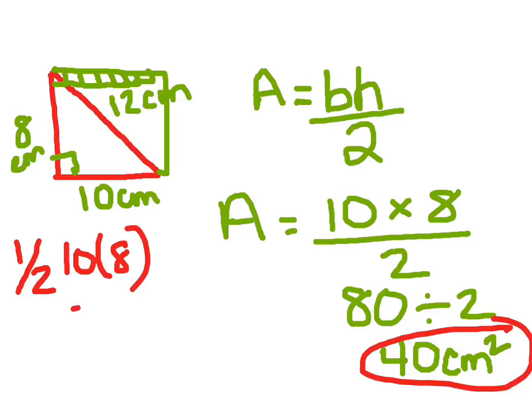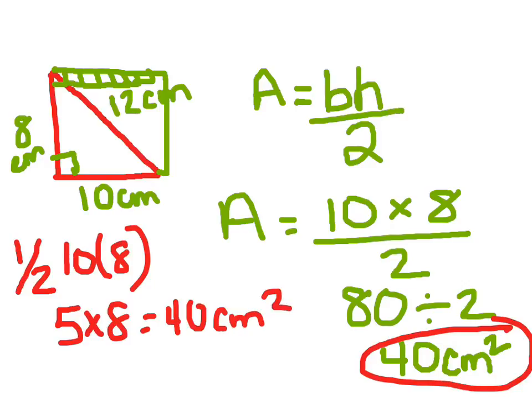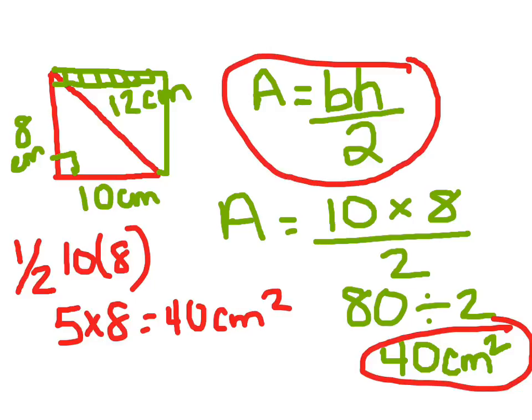So half of 10, of course, is 5. So that's the same as 10 divided by 2. And 5 times 8 is 40. So you end up with the same answer. Either way you want to do it is fine. I think that this way is easier when you have odd numbers.